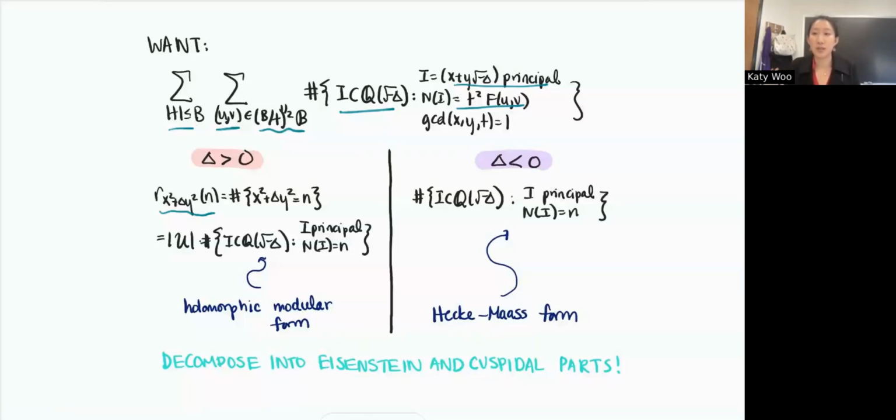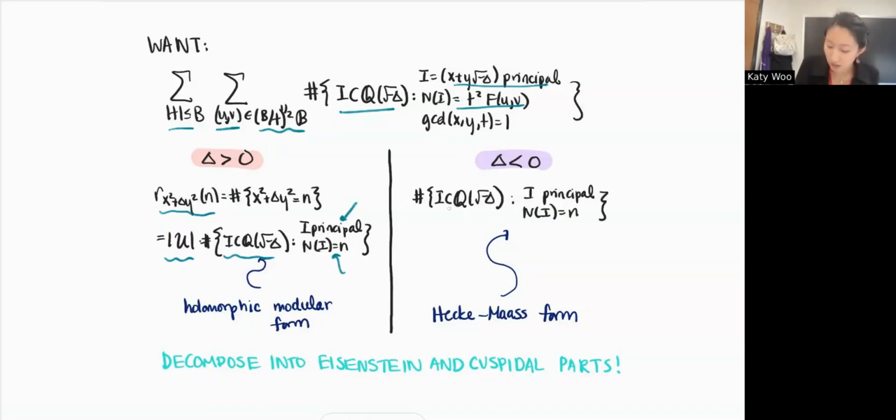But what was this representation number really? Well, it was the number of units in our imaginary quadratic field times the number of ideals in our imaginary quadratic field that were principal and of norm n. And then using the theory of holomorphic modular forms, we decomposed it into an Eisenstein and cuspidal part and then proceeded to analyze both parts separately.